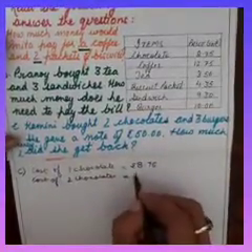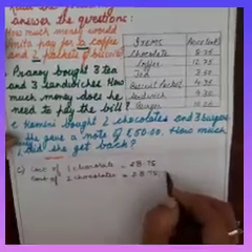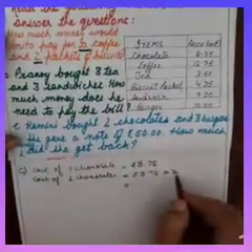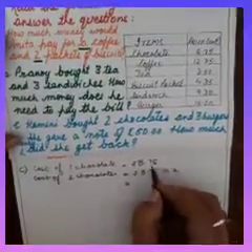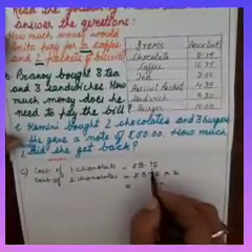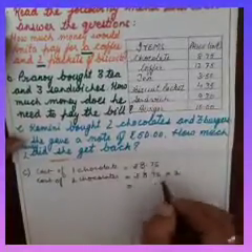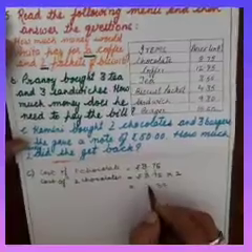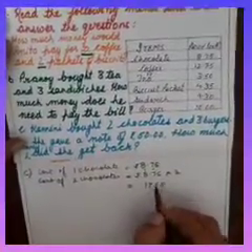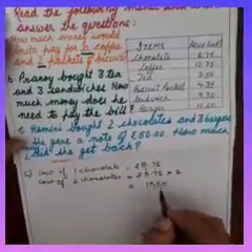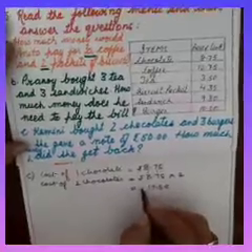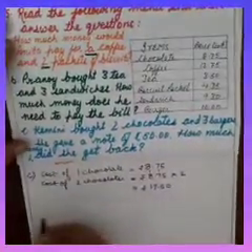So the cost of 2 chocolates is rupees 8.75 multiplied by 2. Now 2 5s are 10, 0 here, 1 carry, 2 7s are 14, 14 plus 1 is 15, 5 here, 1 carry, 2 8s are 16, 16 and 1 is 17, and 2 places for paisa. So we will put the point here. The total becomes 17 rupees and 50 paisa.